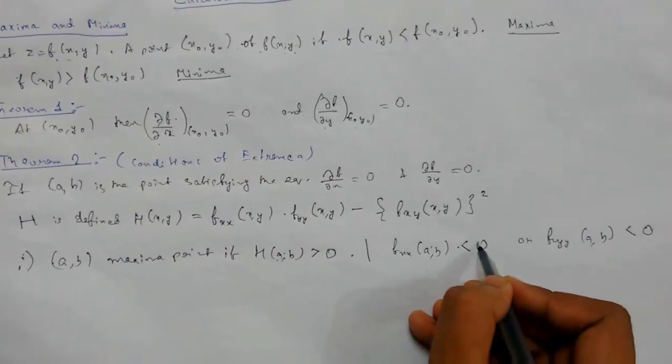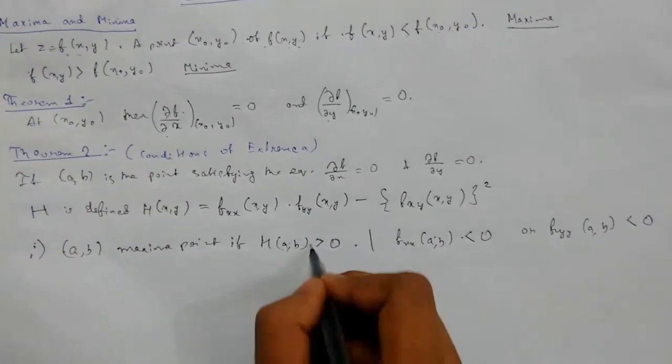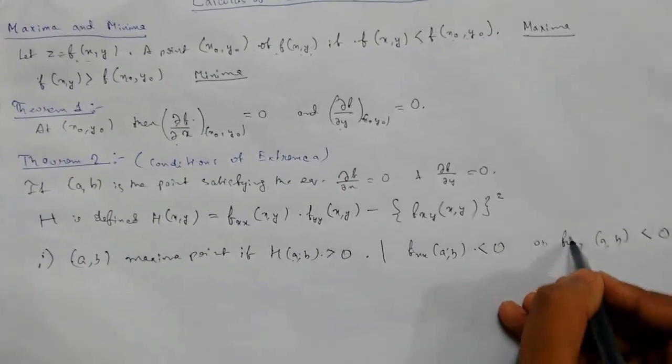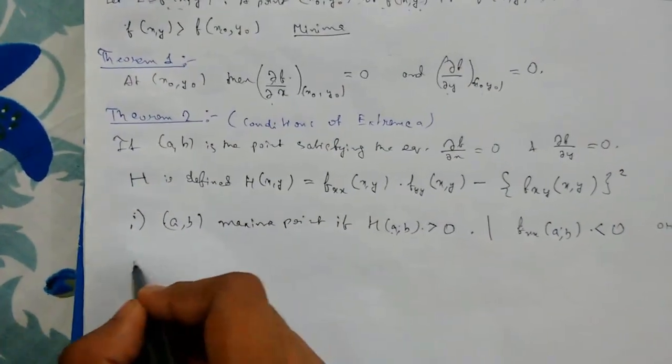You need to check only one of these, either this or this. So that was for maxima.